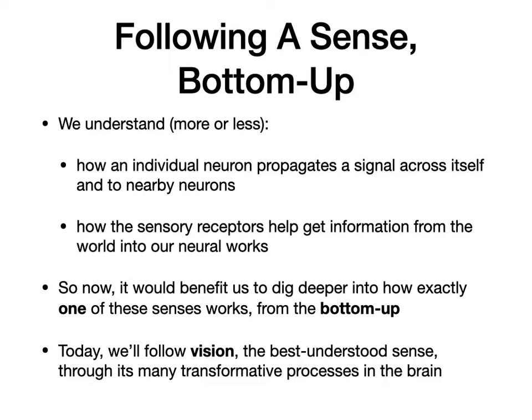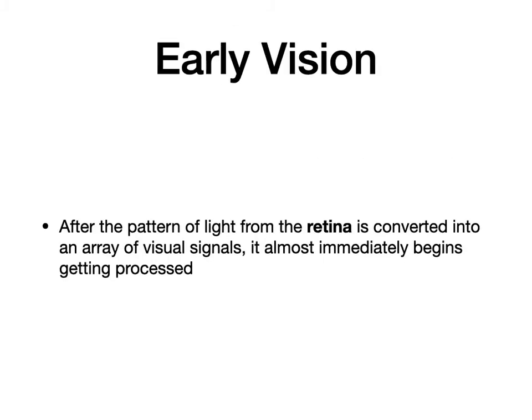But here's the thing. Early vision. So as we begin the journey deep into the brain to say, hey, here's a bunch of symbols on this screen. They mean things like the words early and vision.